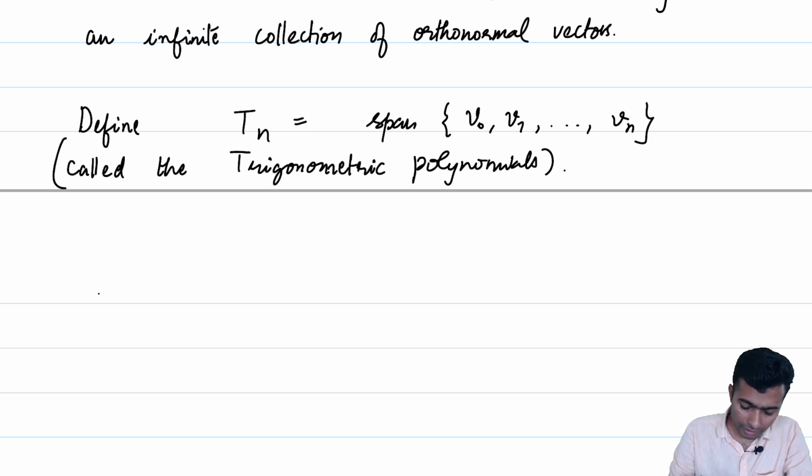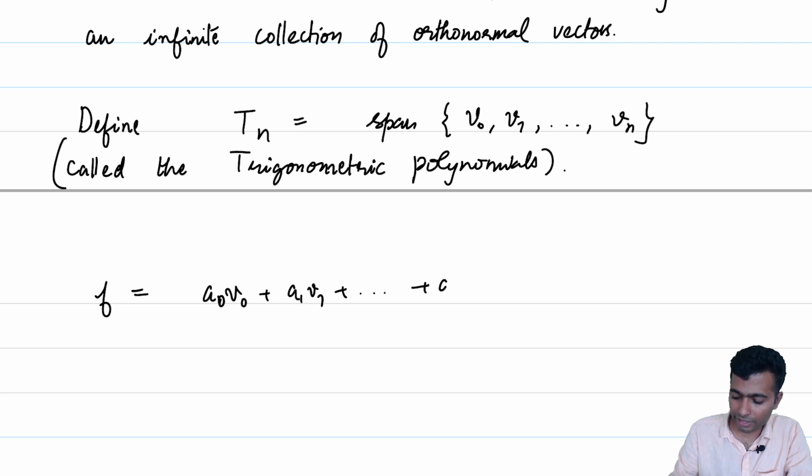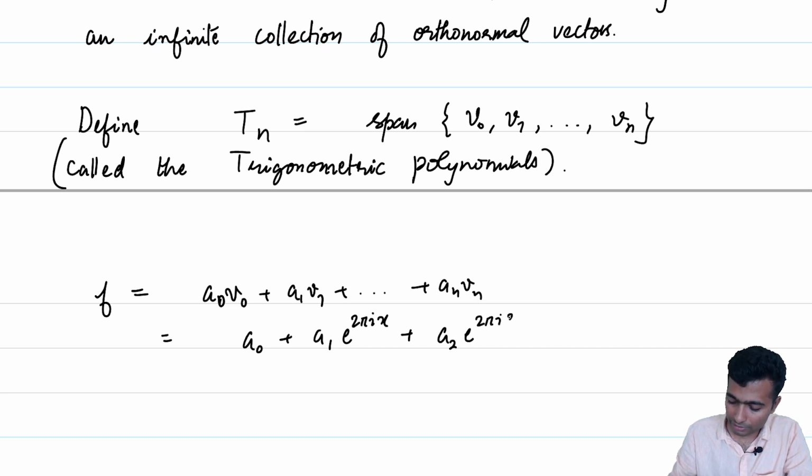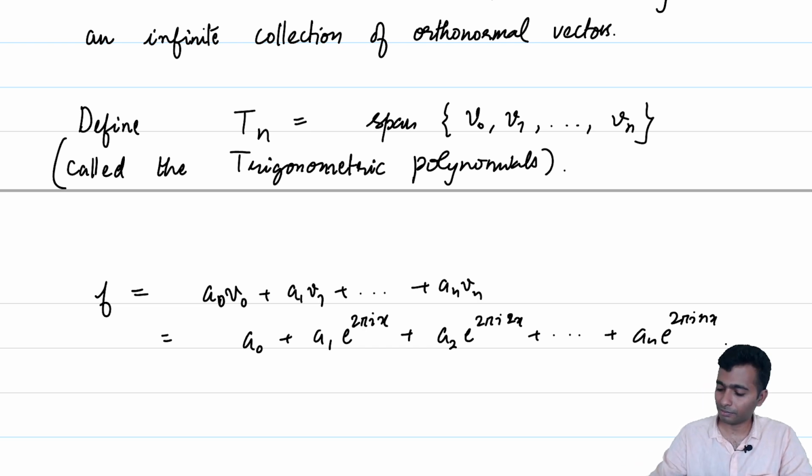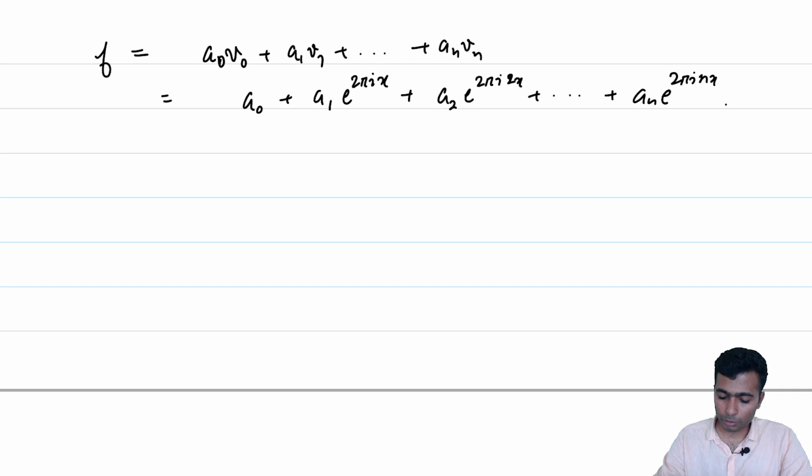A typical element f will be of the type a0 v0 plus a1 v1 plus up to an vn. And if you write it down, this is just a0 plus a1 times e to the power 2 pi i x plus a2 times e to the power 2 pi i 2x, and up to an e to the power 2 pi i n x. So this is something like a polynomial, right? a0 plus a1 t plus a2 t squared and so on. That is why it's called trigonometric polynomials.